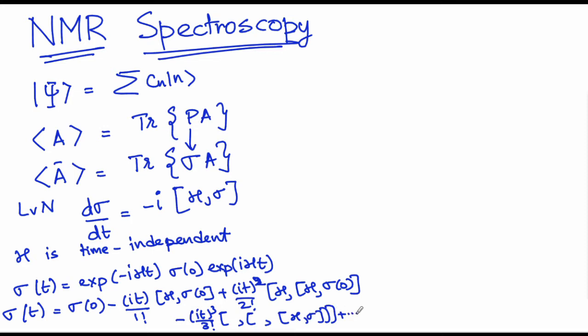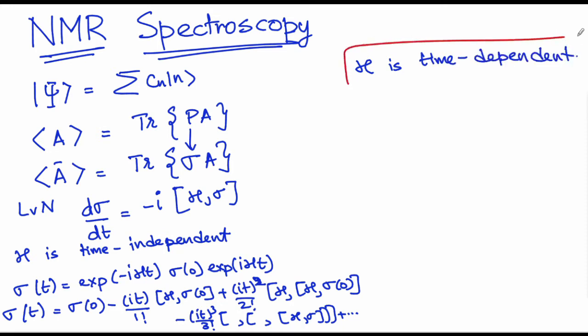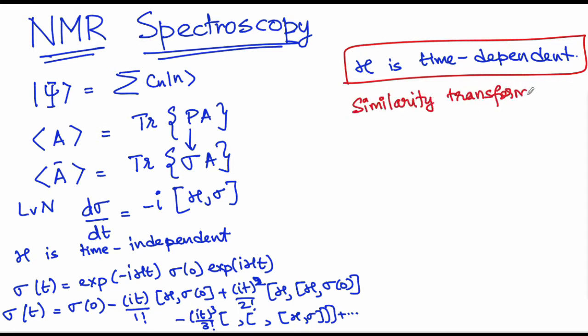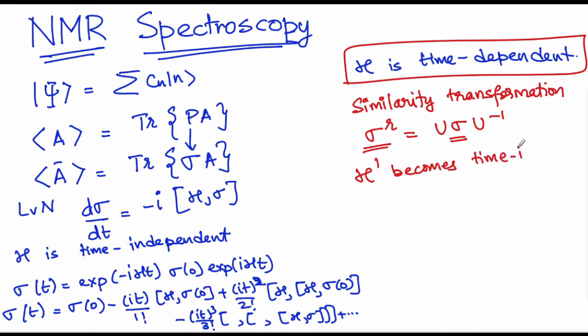In today's class, we will be furthering this concept and we will try to understand what if the Hamiltonian is time dependent. In the case that the Hamiltonian is time dependent, we will resort to a method where we will do a similarity transformation to the density matrix, such that you would have a unitary operator U that is operated on the density matrix, where the Hamiltonian becomes time independent.